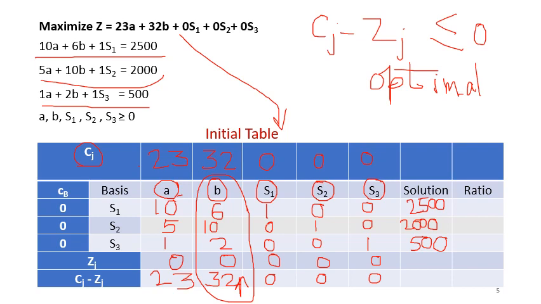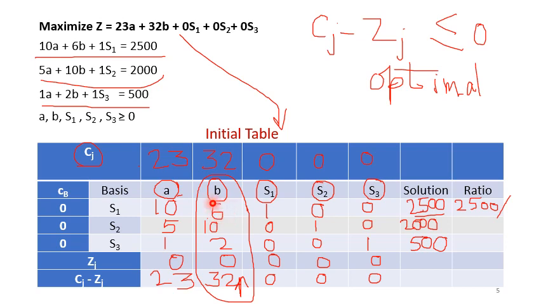For example, if I have to find the ratio in the first row, the ratio will be the solution, that is 2500, divided by this number here, this 6. The ratio is equal to 2500 divided by the key column element in the row.